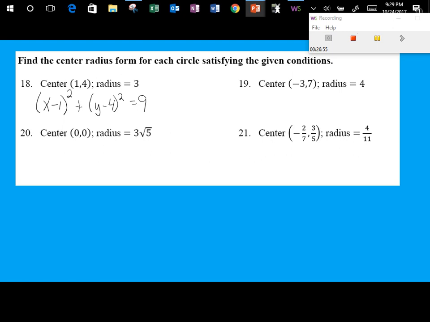Here goes my number 19. For my center to be at (-3, 7), I've got x plus 3 quantity squared plus y minus 7 quantity squared equals 16.